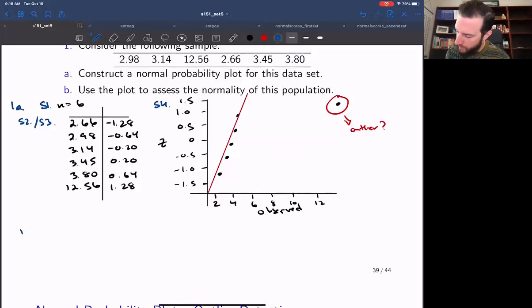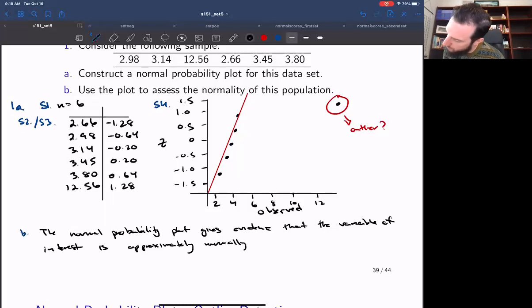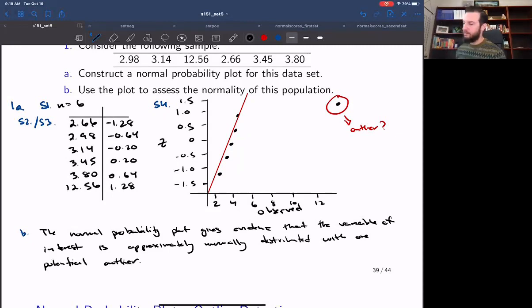So in this situation, we can say the normal probability plot gives evidence that the variable of interest is approximately normally distributed with one potential outlier.